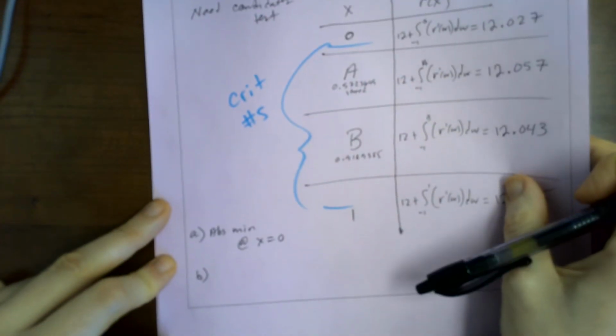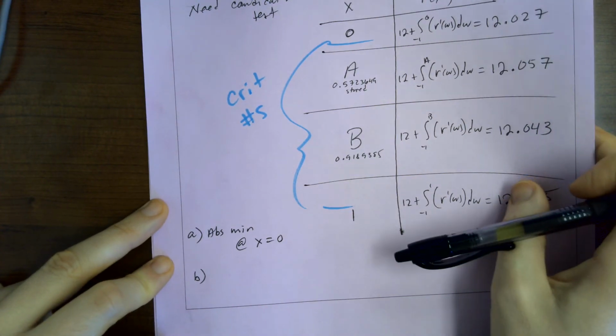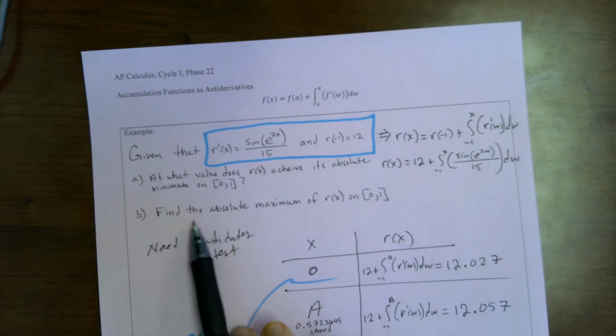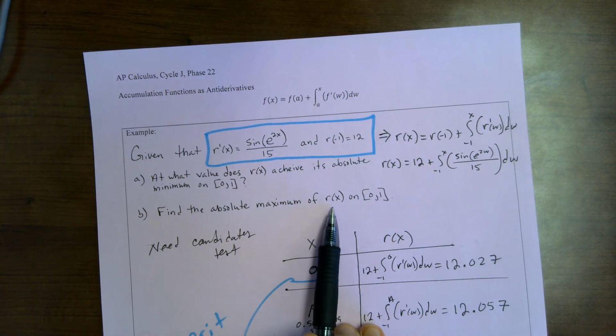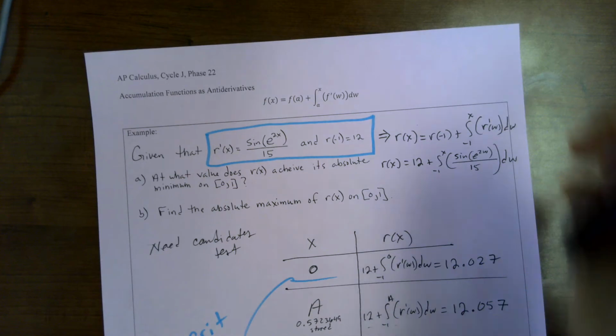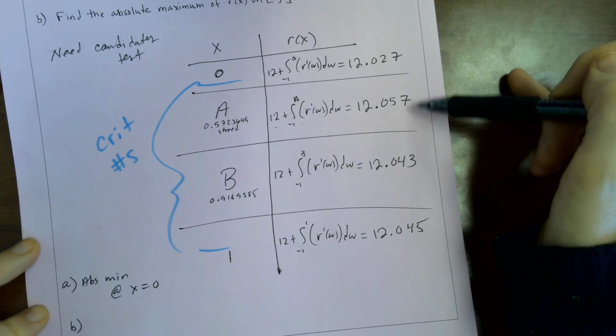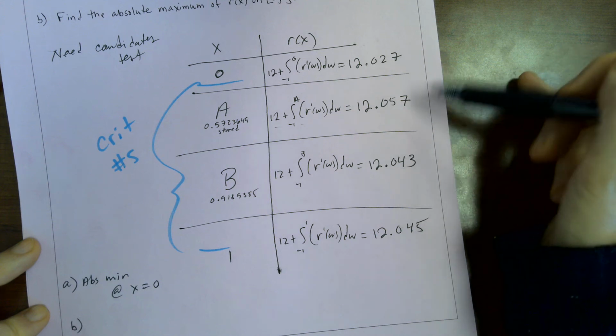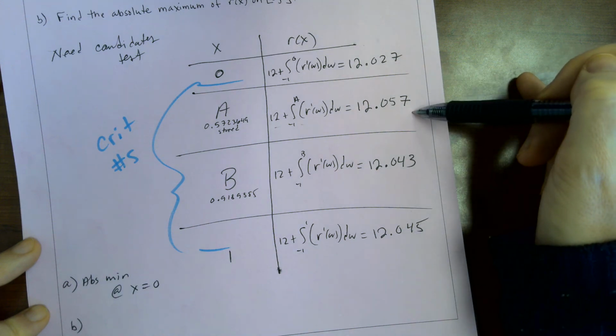And then for part B, they want us to find the absolute maximum of r of x on 0 to 1. So what's the biggest number? 12.057, 12.043, 12.045. It's this one right here. That's the biggest number.